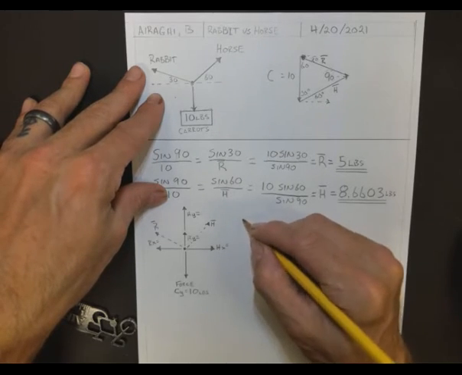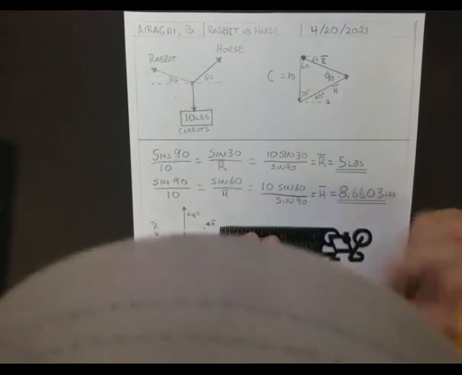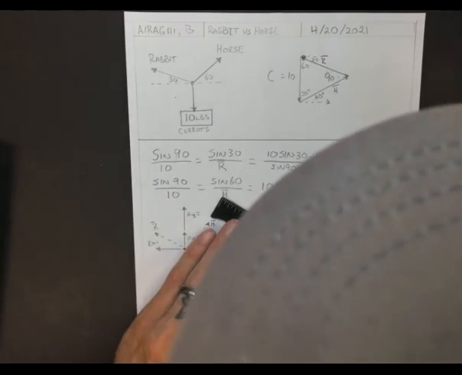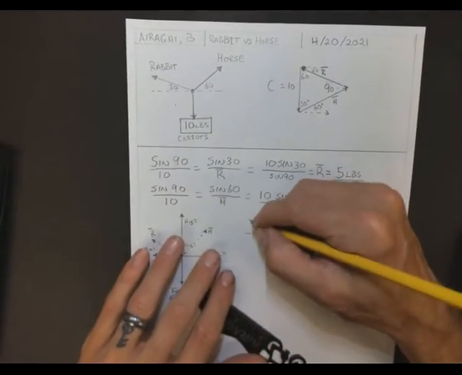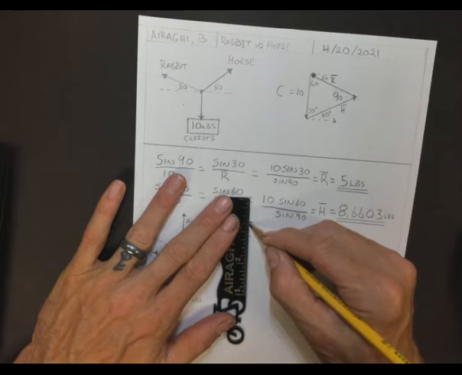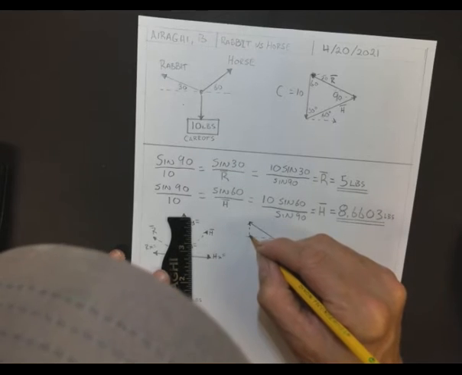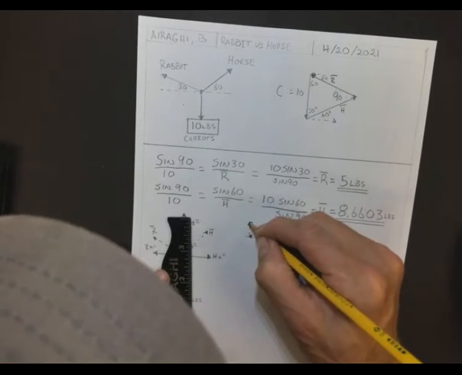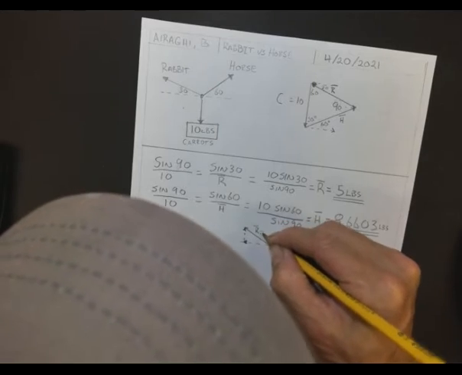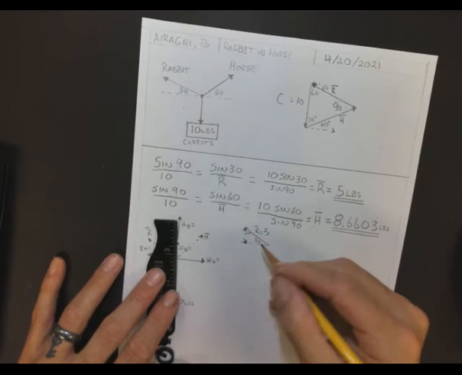I'm going to do R first. R equals 5. This is 30, 60, and 90.